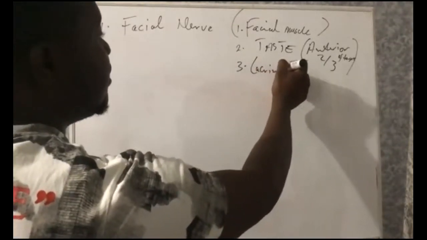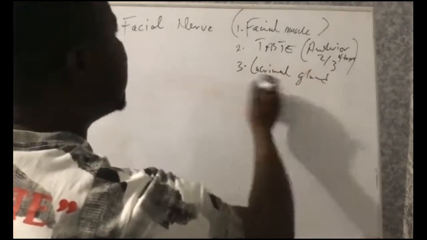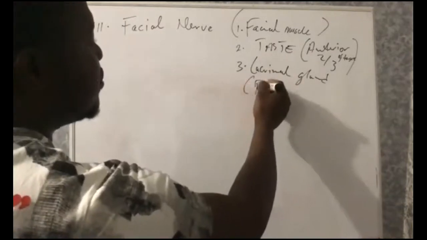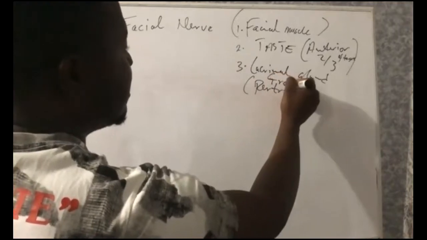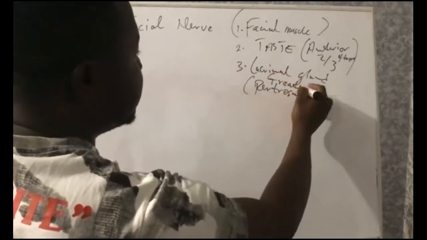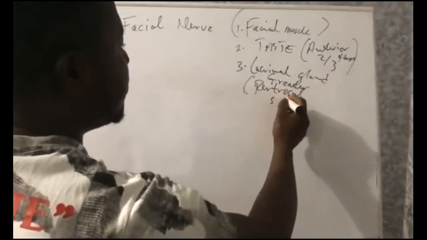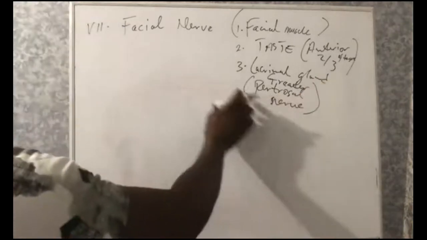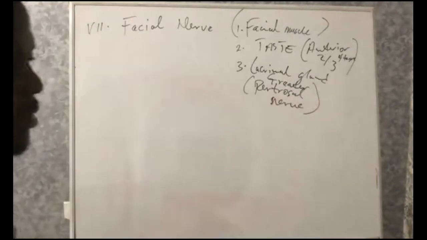So the lacrimal gland. The facial nerve has a parasympathetic branch called the greater petrosal nerve. Now pay attention here: the petrosal nerve is the parasympathetic branch of the facial nerve, which controls the lacrimal gland.